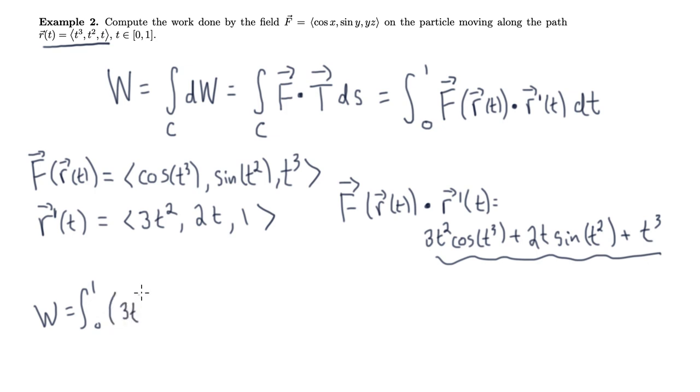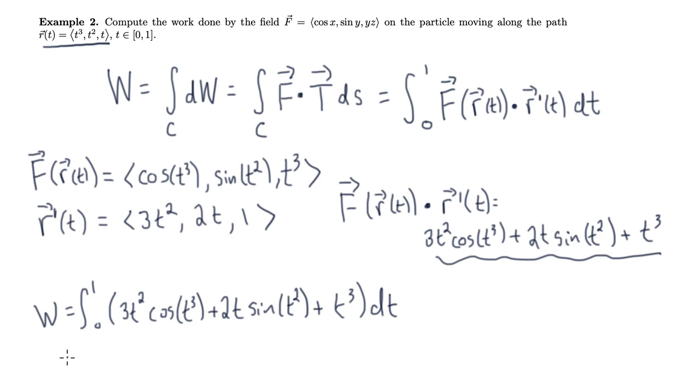3t squared cosine t cubed plus 2t sine of t squared plus t cubed. All right. So we're actually really lucky here, because if you notice, if I want to take an antiderivative of this, well, this 3t squared is the derivative of t cubed.